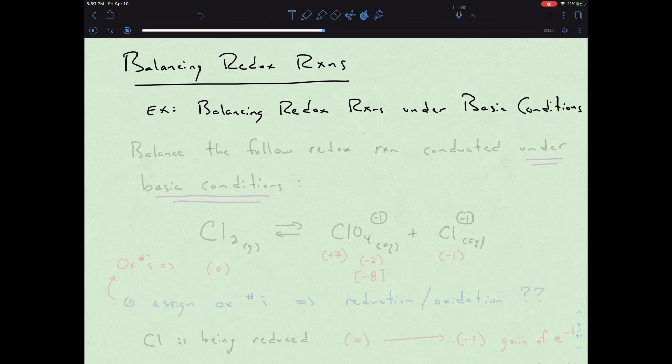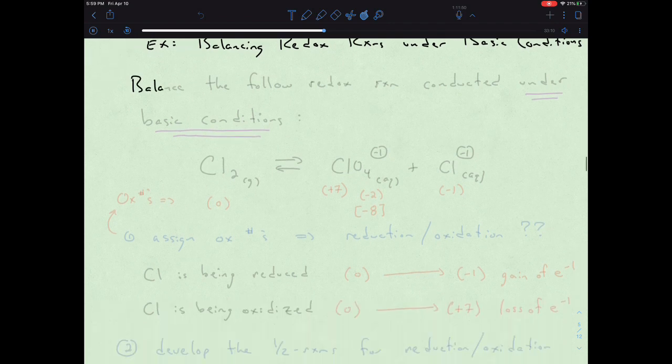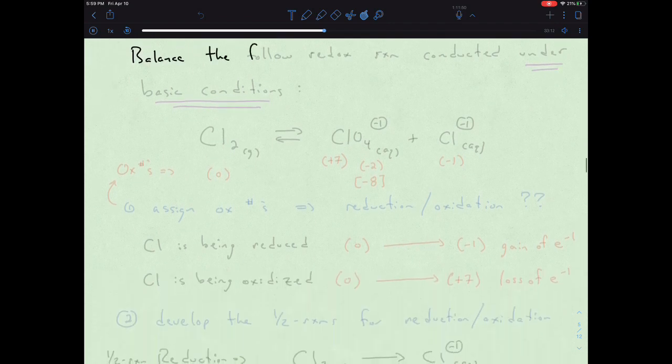So our example here is to basically just balance the following redox reaction that was conducted under basic conditions.